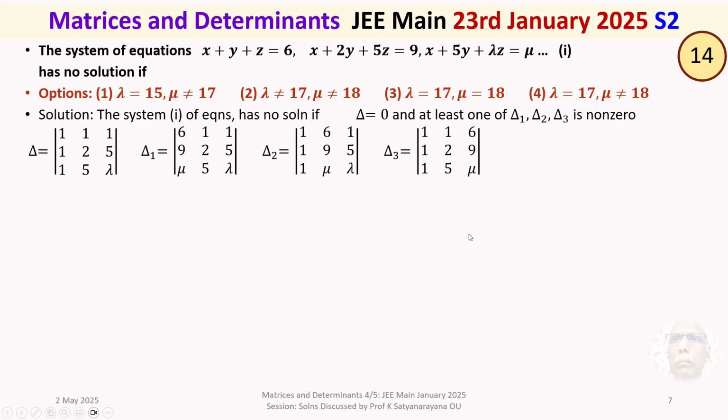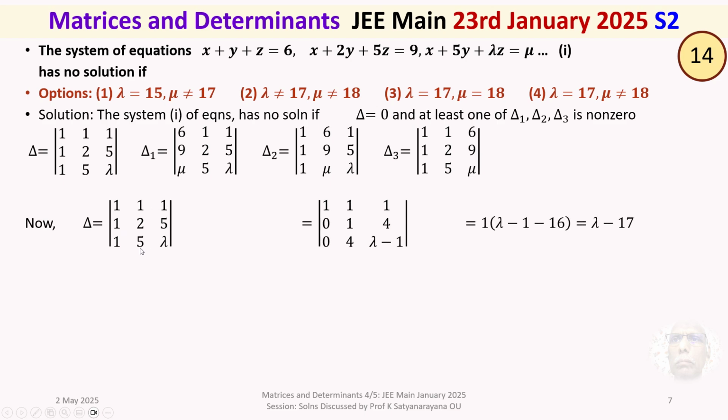Now the first condition, delta is equal to 0. What is the value of delta? We do the elementary row operations: R2 is R2 minus R1, R3 is R3 minus R1, and thereby the first column becomes 1, 0, 0.